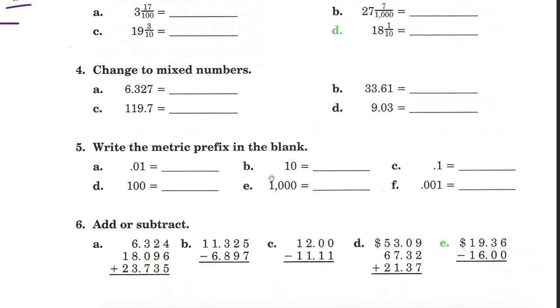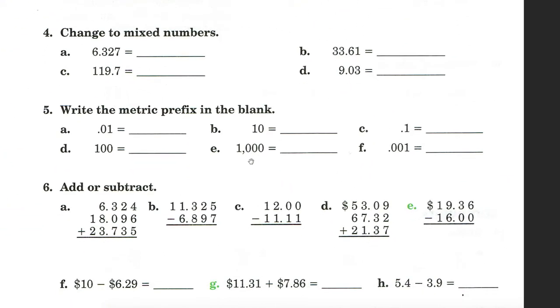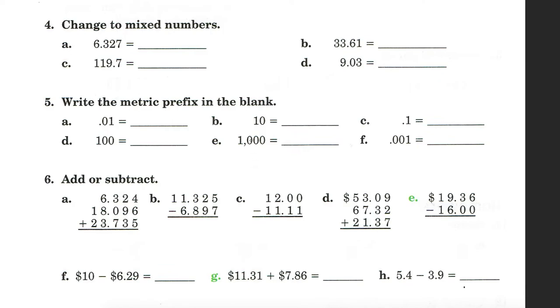All right. Write the metric prefix in the blank. So it's asking you, is this centi, hecto, deca, kilo? What is it? You might need to go to page 348, which will help you with this. If you don't have page 348, then I'm not sure what to tell you.